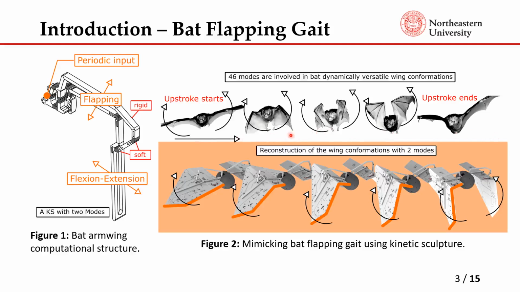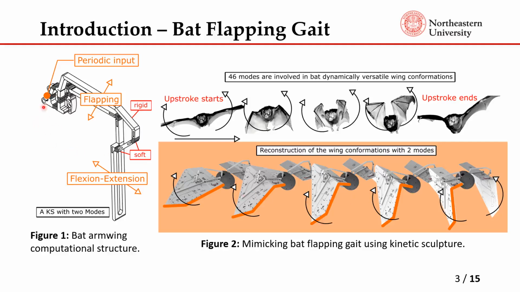During the upstroke, the wing folds inwards and twists to minimize negative lift, so they can fly more efficiently in the air. We are trying to capture those modes, and in this design we capture two modes out of all these 46 modes that bats exhibit. These two modes allow the wing to fold during the upstroke.